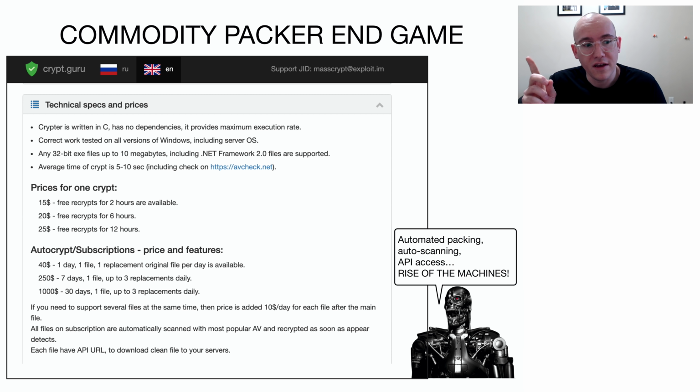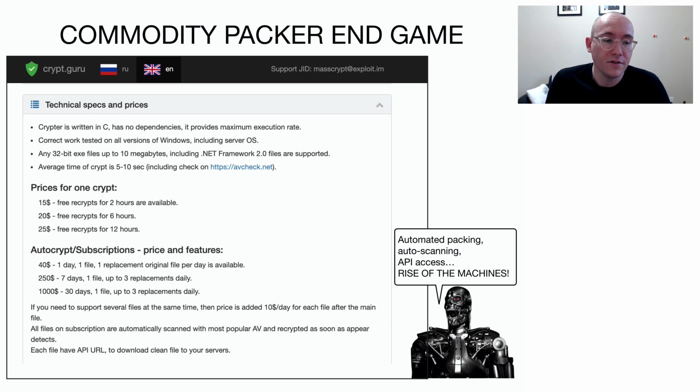Now, we started this project before this type of service became a reality, but we could sort of see that this was what was happening. And at the time when we started working on this service, these fully undetectable stub services were what was prevalent. So you'd still have these sort of polymorphic packers, but they weren't as crazy or as high volume as what we see today. And if you guys are curious about how this sort of stuff works, all you have to do is look at Emotet.